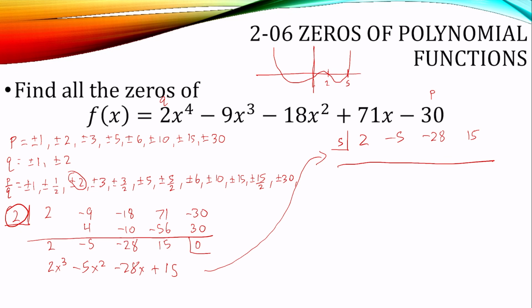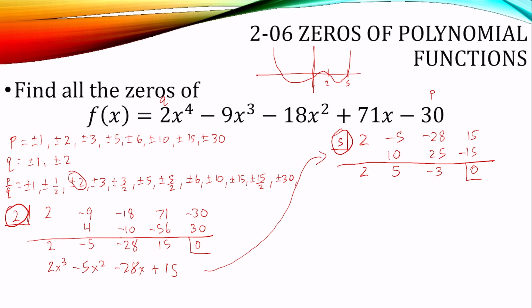And we're not using that 2 anymore, so this will help us. Bring down the 2 and multiply, and add, and multiply, and add, and multiply, and add. Oh, look at that, we got another 0. The 5 is another 0.